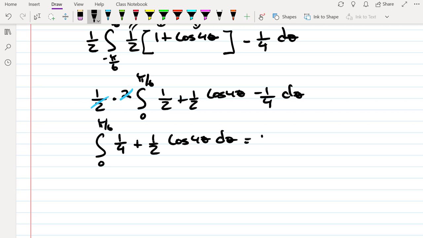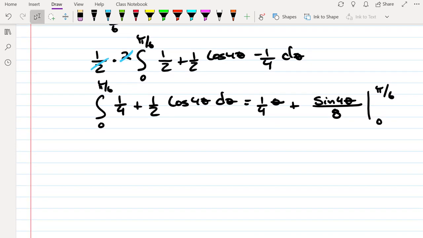Finally, finding our antiderivative, we have 1/4 theta. The antiderivative of cosine is sine, so we have the sine of 4 theta divided by 4, and 4 times 2 gives us 8. We evaluate that from 0 to pi over 6.